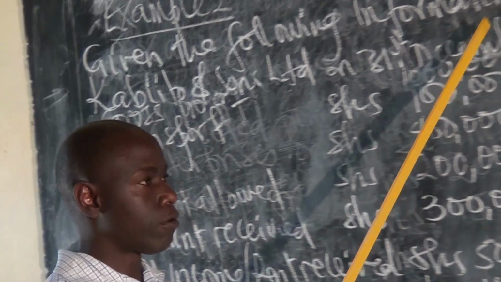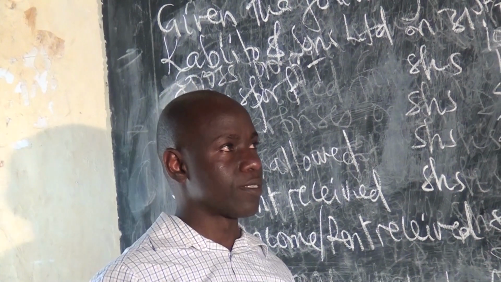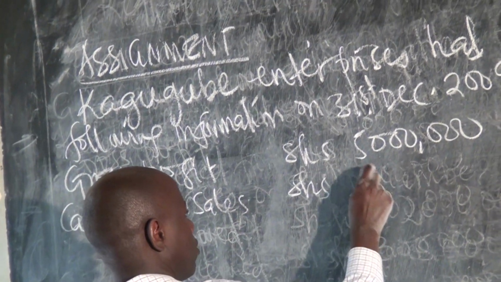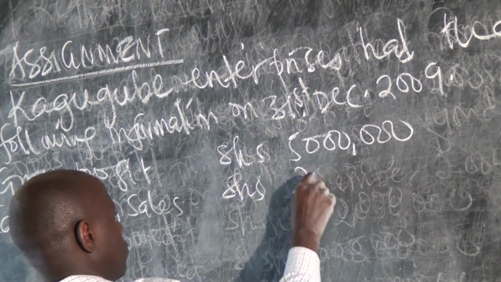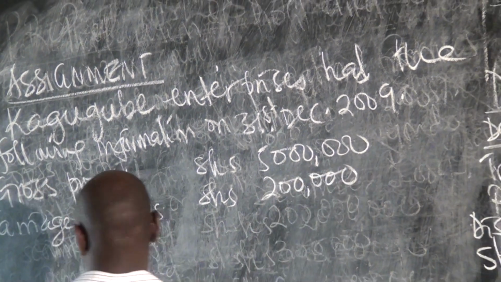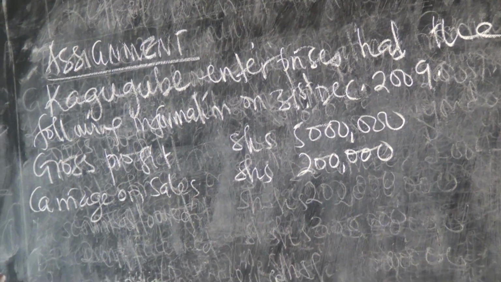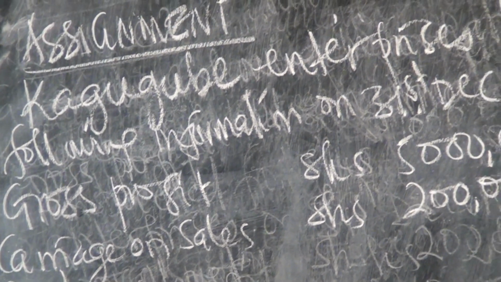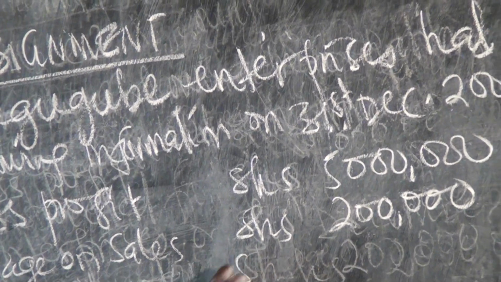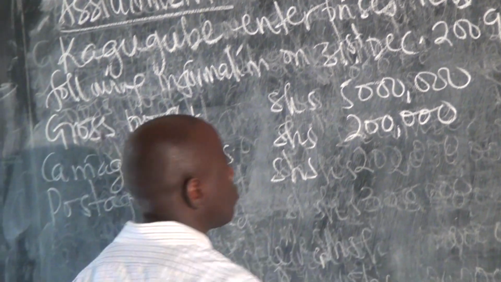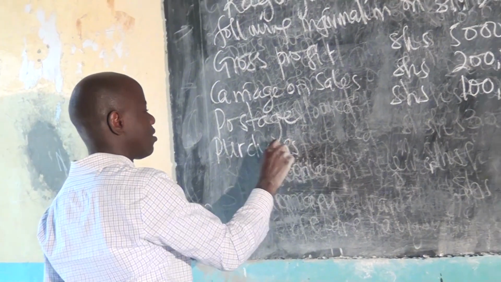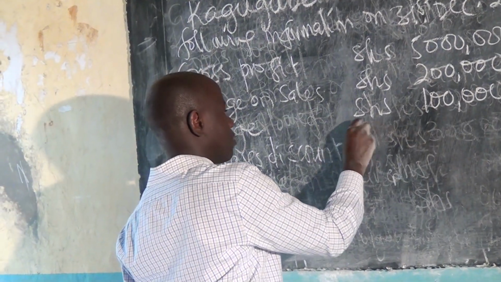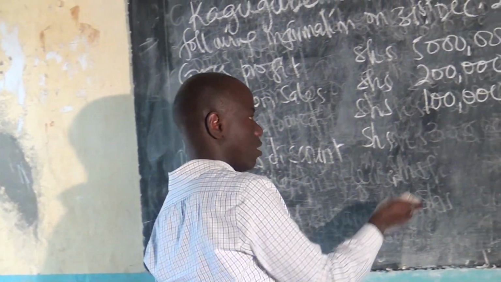Allow me to write a simple assignment for practicing this profit and loss account. 200,000. Postage, shillings 100,000.